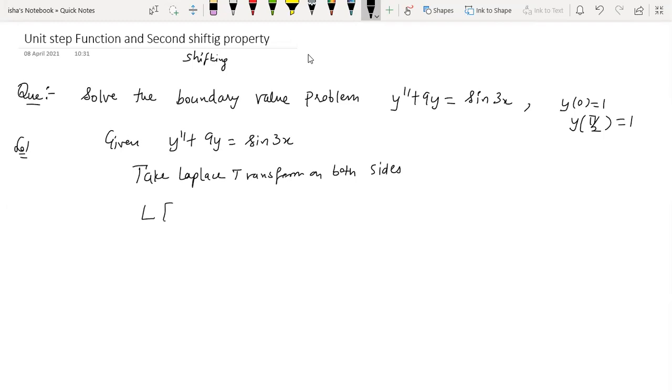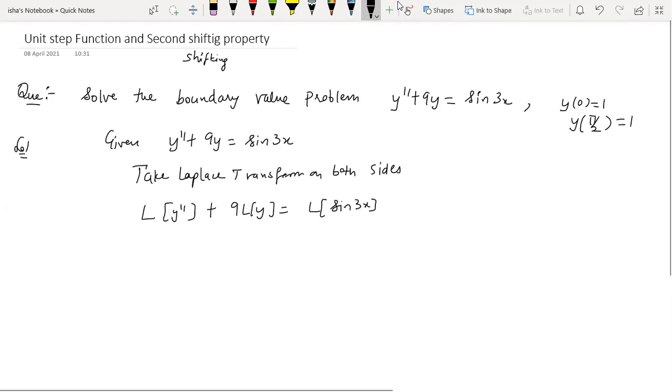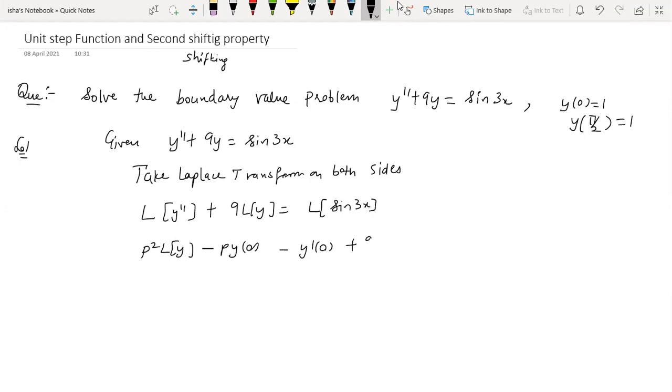This will give you L of y double dash plus 9 L of y is L of sine 3x, and this is p square L y minus p y0 minus y dash 0 plus 9 L y is 3 over p square plus 9. We know the Laplace transform of sine 3x is 3 over p square plus 9.